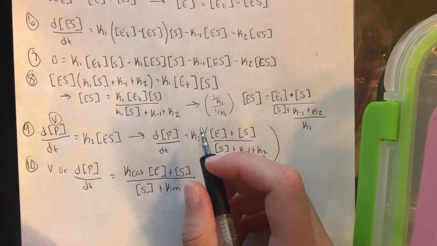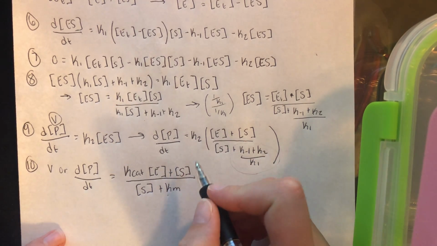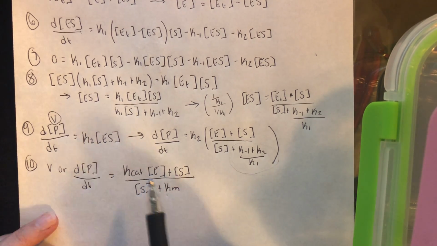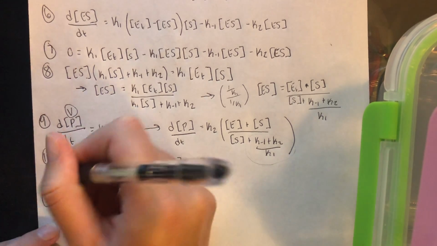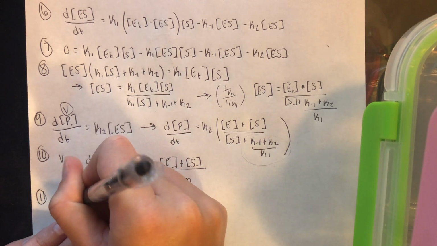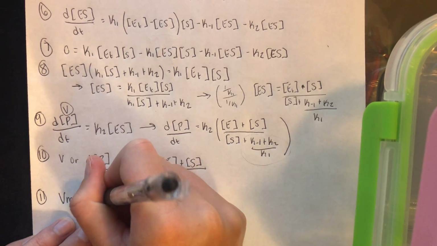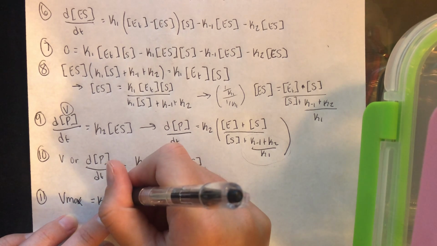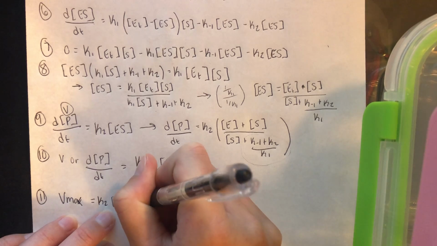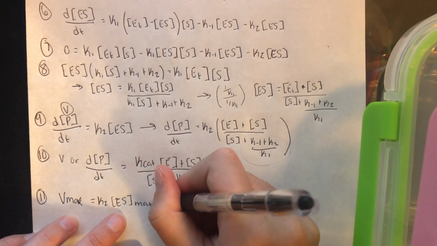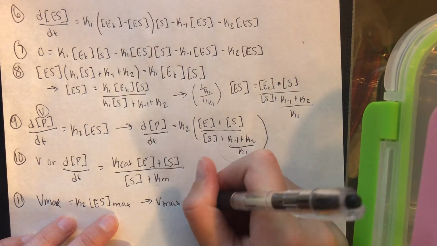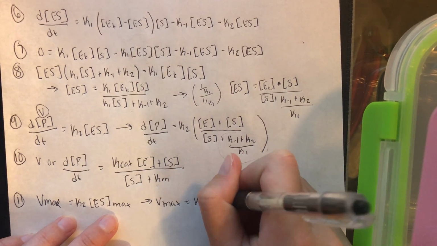This means we can substitute the numerator of this equation with Vmax, so I will write that down. Vmax equals K2 times ES max, otherwise known as Vmax, equals K2 times enzyme total.